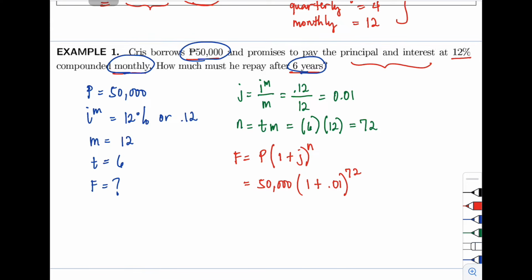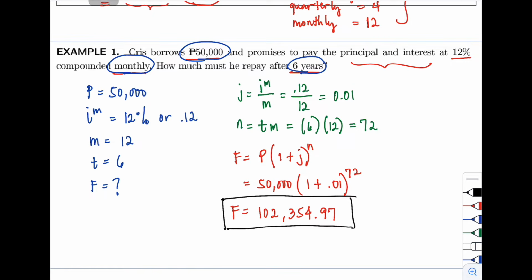Okay, yung N natin. So, using your calculator, we have 1 plus 0.01 raised to 72. Then, times natin kay 50,000. Ang maturity value natin ngayon is equals to 102,354 pesos and 97 centavos. Ito yung ating final answer.